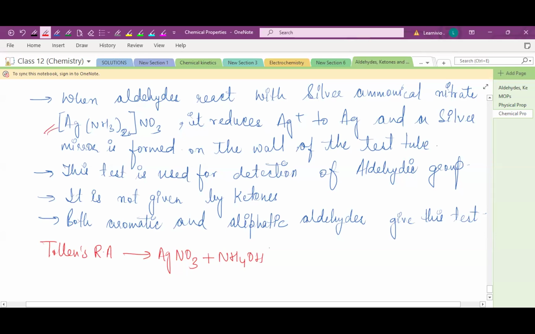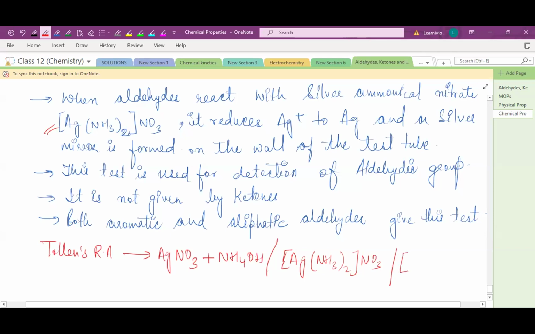You can use this, or you can directly use Ag(NH3)2 NO3, silver ammoniacal nitrate, written on the arrow. You can also show it like this because this will get converted when you add AgNO3 plus NH4OH. It will give you Ag(NH3)2 with a plus charge, and the OH minus will get the negative charge.